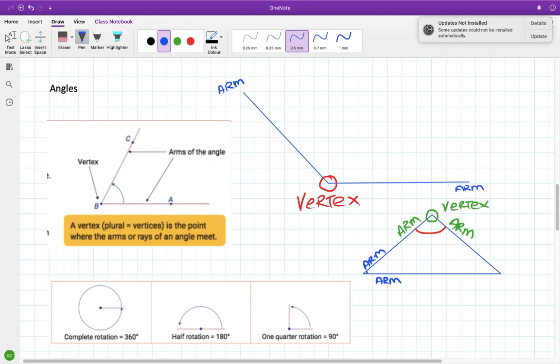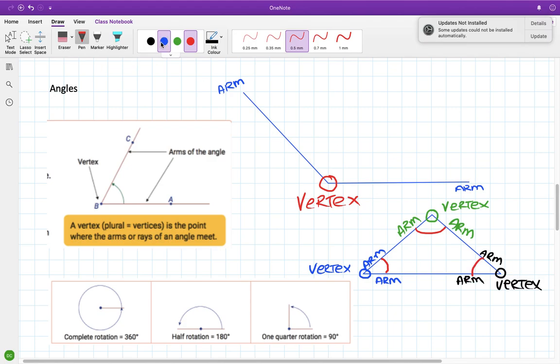That makes where they join a vertex, and then there's an angle in between. Because it's a triangle, there's three of them. Here's an arm, here's an arm. They join together at a vertex, and then the space in between them makes an angle.